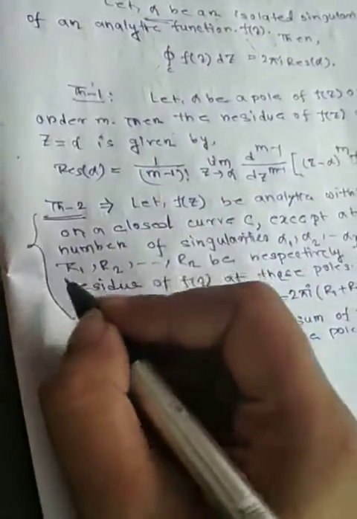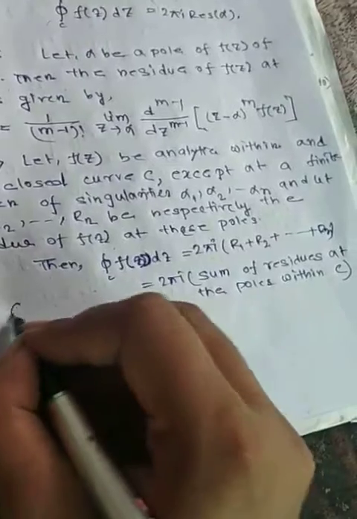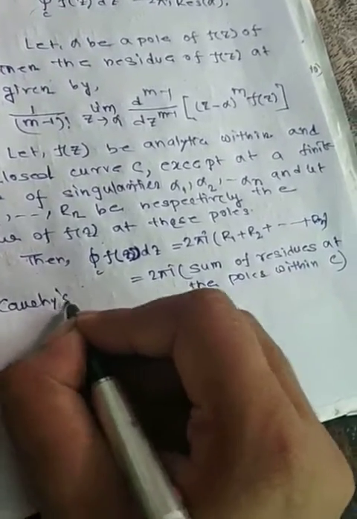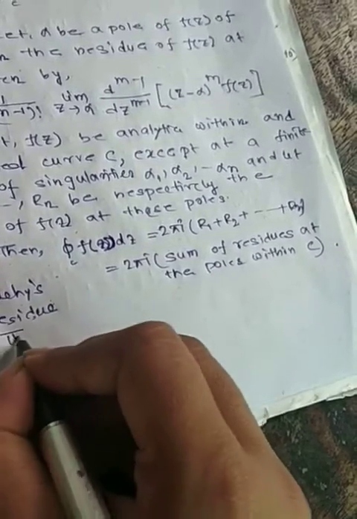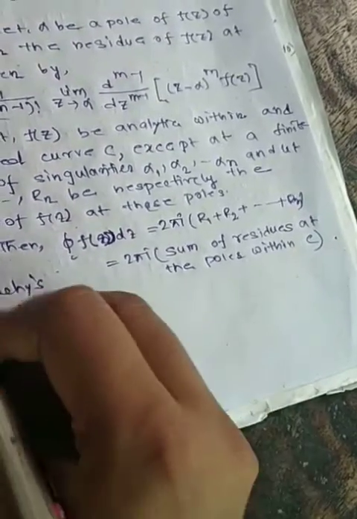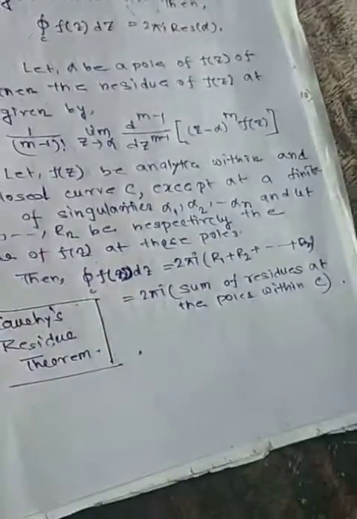Theorem 2 is called Cauchy's residue theorem.